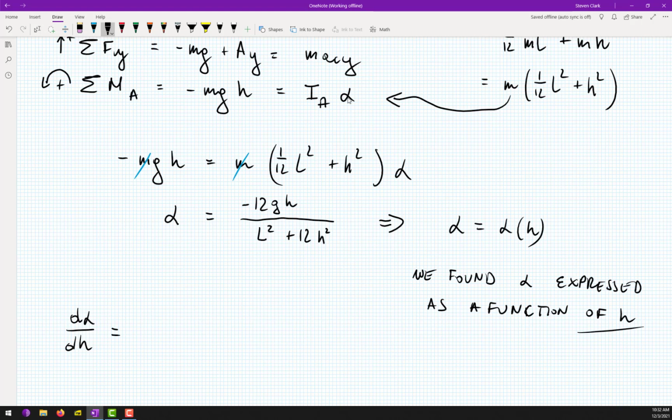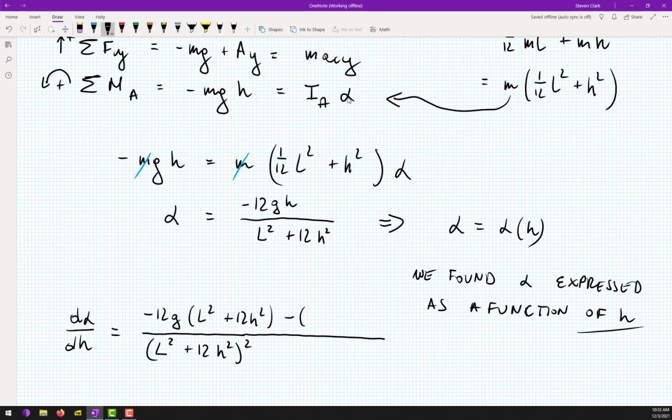So this will be, if I remember correctly, (L squared plus 12h squared) squared, minus 12g (L squared plus 12h squared) minus 12gh times 24h.